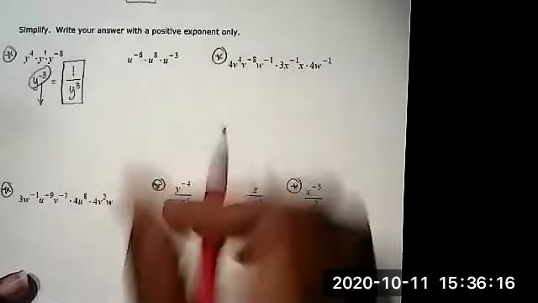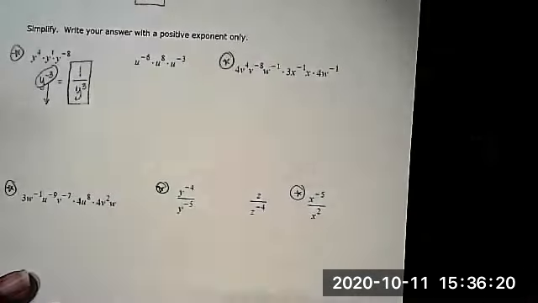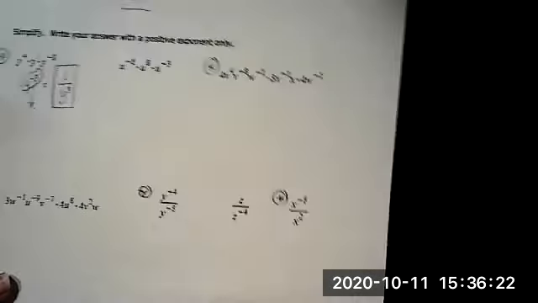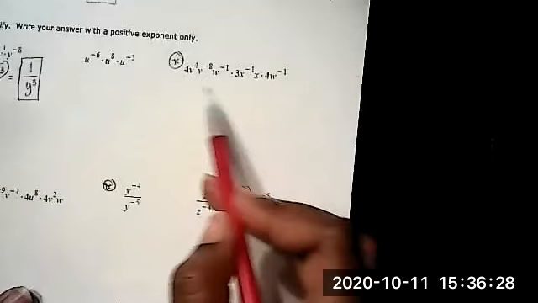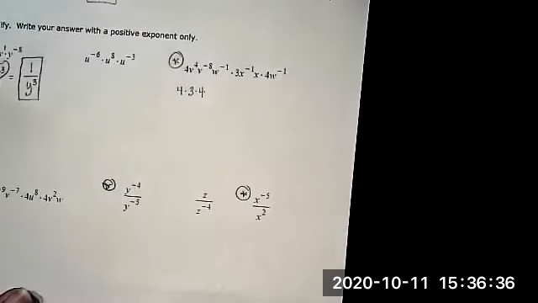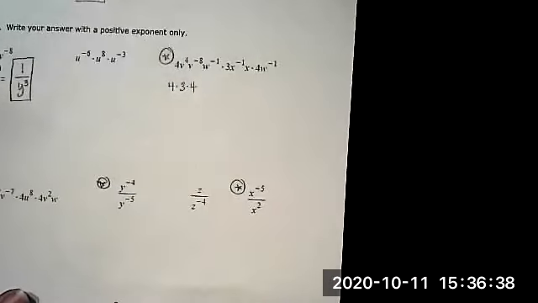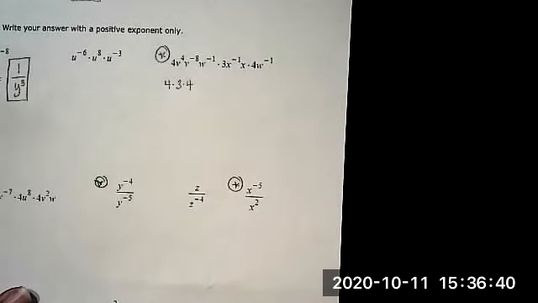All right, same situation here. All of these bases are alike, so we're just adding the exponents there. But in this situation where you're multiplying the numbers, the numbers 4 times 3 times 4 multiply all together. So the regular numbers, you just multiply.